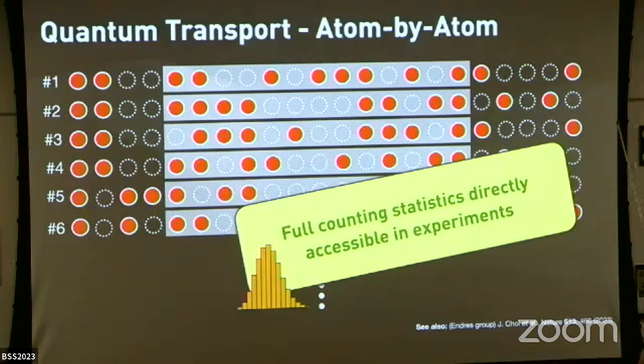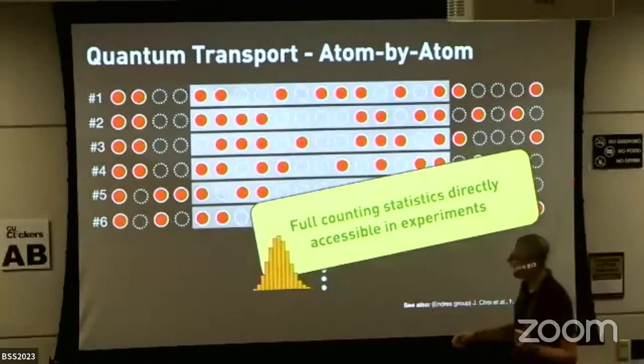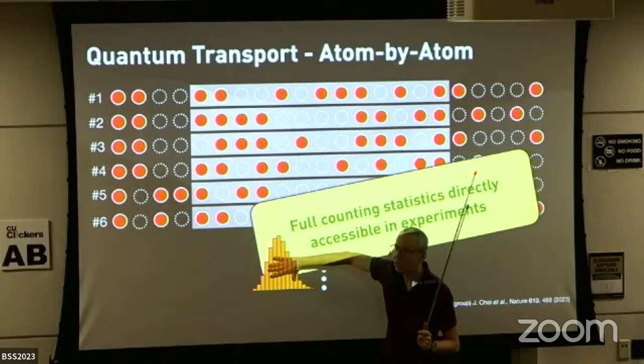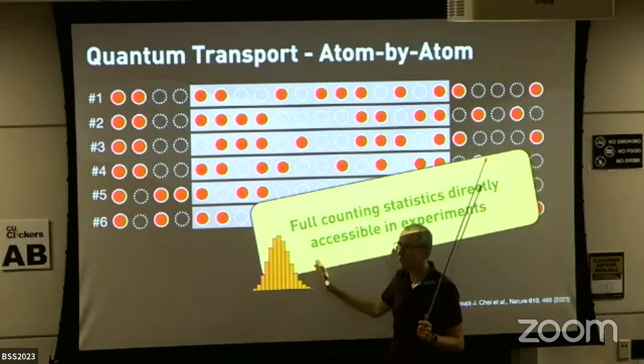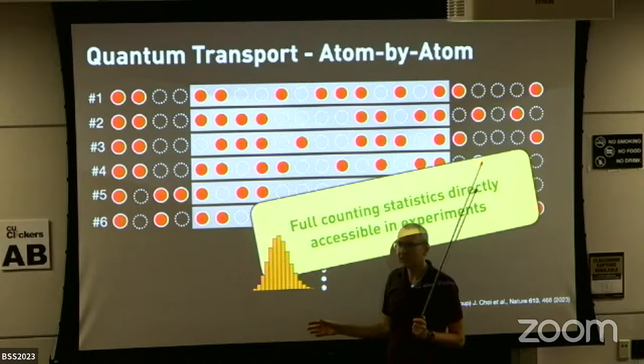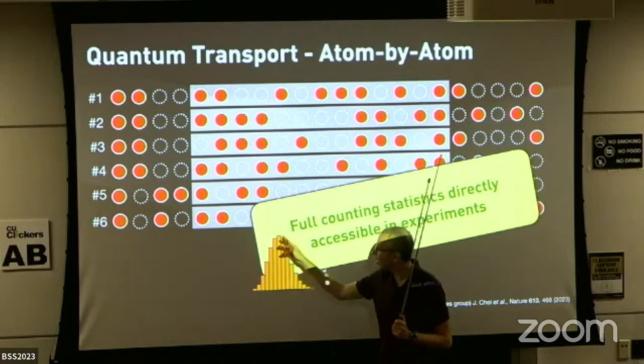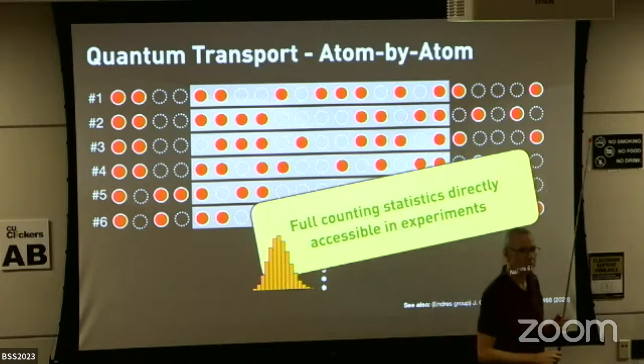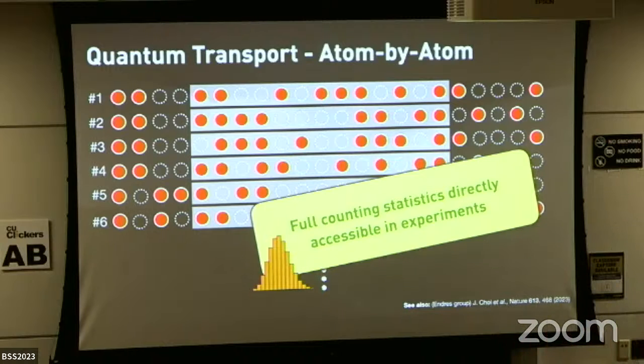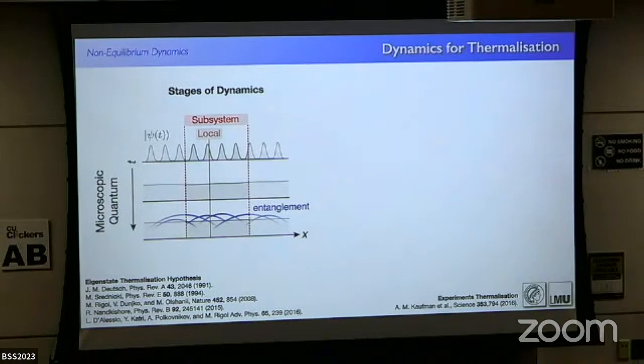Because we're not just knowing the mean, the average number of particles, we're knowing everything. We're knowing the variance, the skewness, the kurtosis, if I measure this full distribution function. And the question is, of course, can we use this to characterize quantum transport in better ways? Can we learn something about quantum transport in better ways having access to this full counting statistics? So let me show you a first experiment on this.